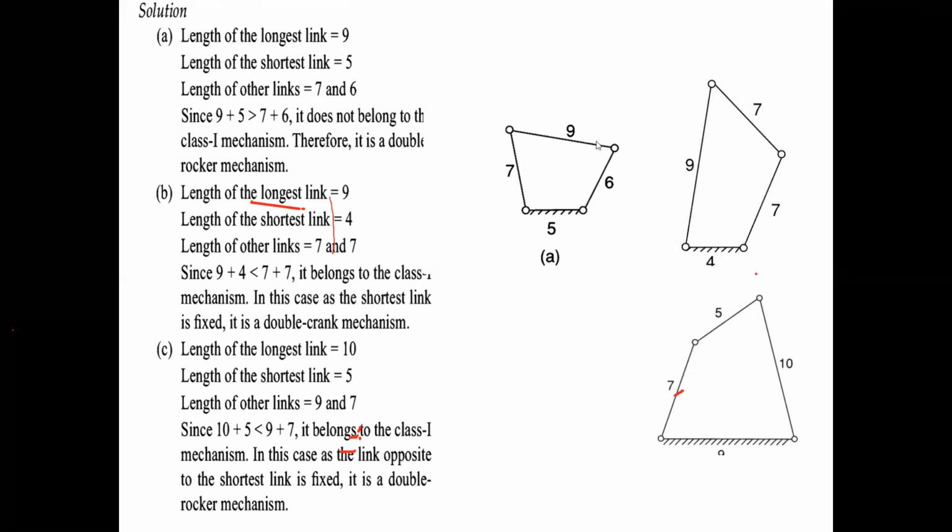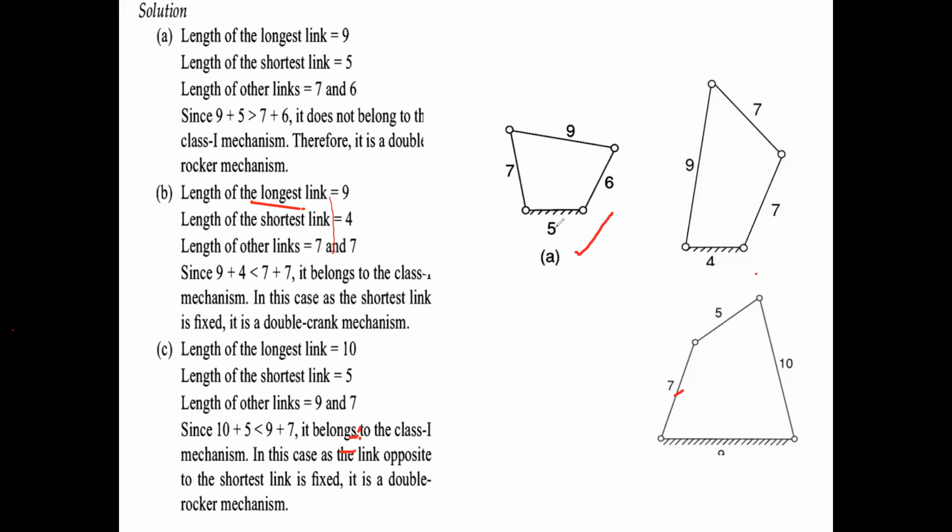Now just checking those things here. Just observe figure A. In figure A, there are 4 links and their link lengths are also given: 5, 7, 9, 6.